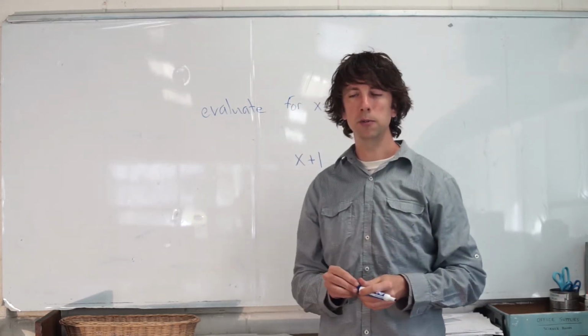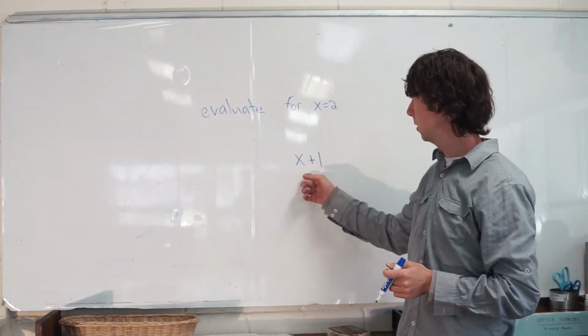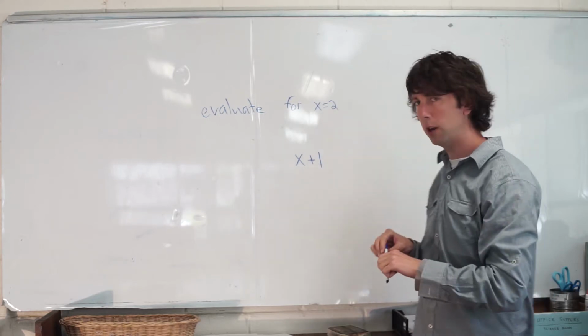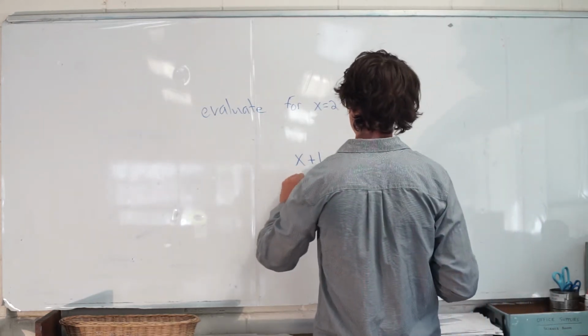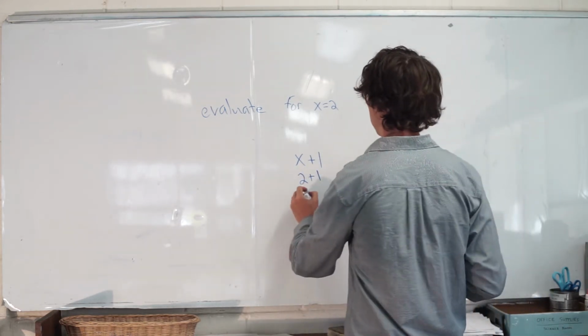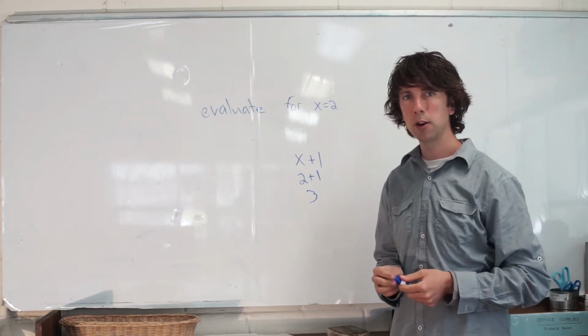It's telling you to evaluate this expression when x is 2. So you're going to take 2 and plug it in for x. And the value of that expression is 3. Okay? So that we've done before.